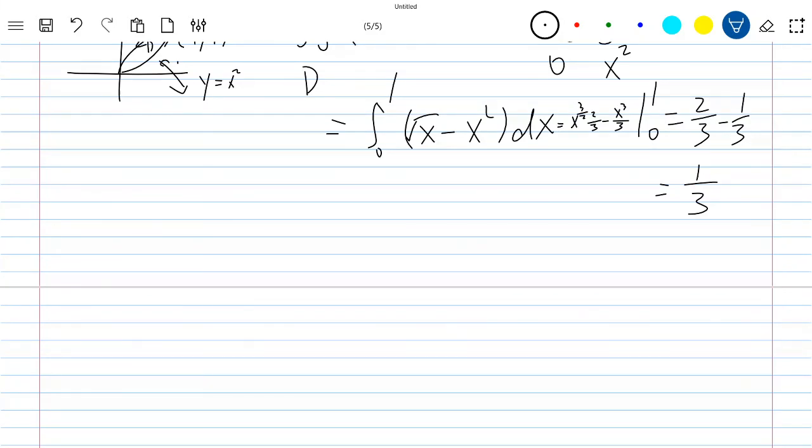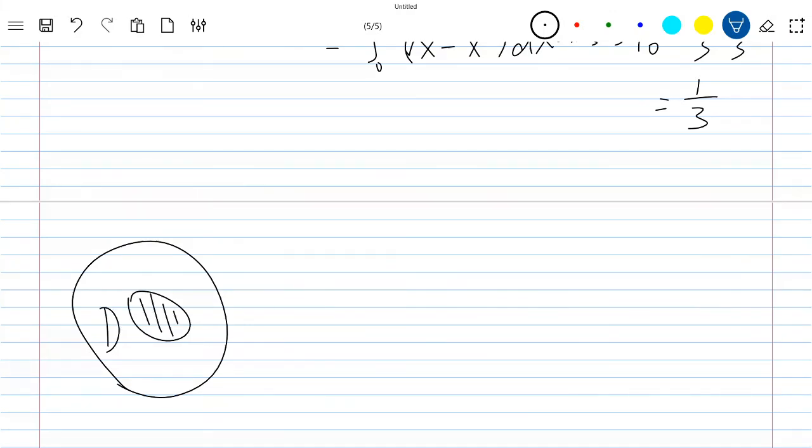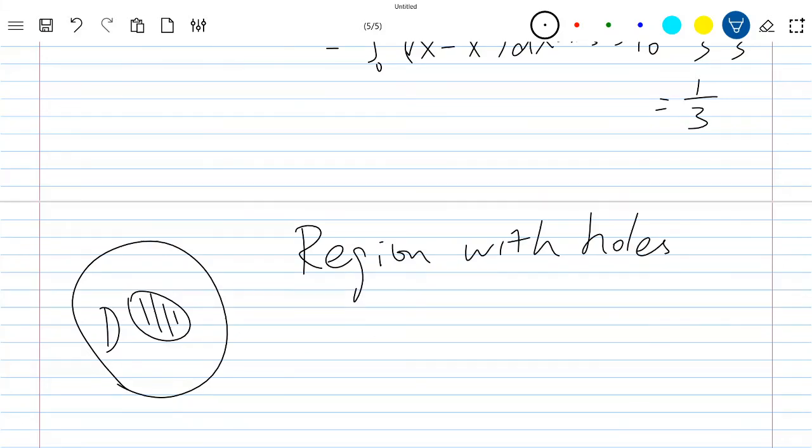Okay, let me mention one more thing. What if the domain had a hole? Region with hole. Suppose you want to integrate a curve PQ like that curve here.